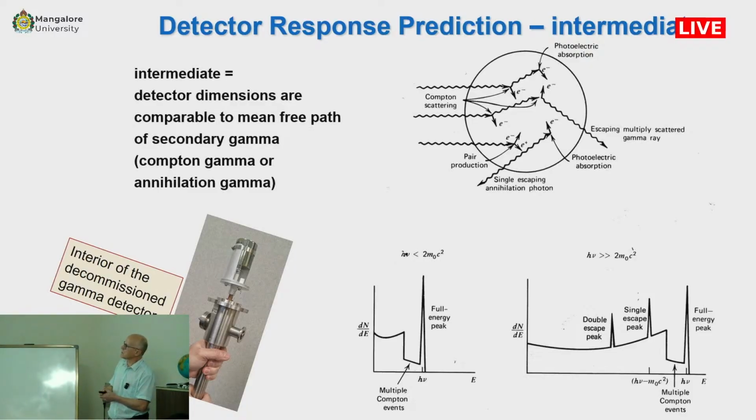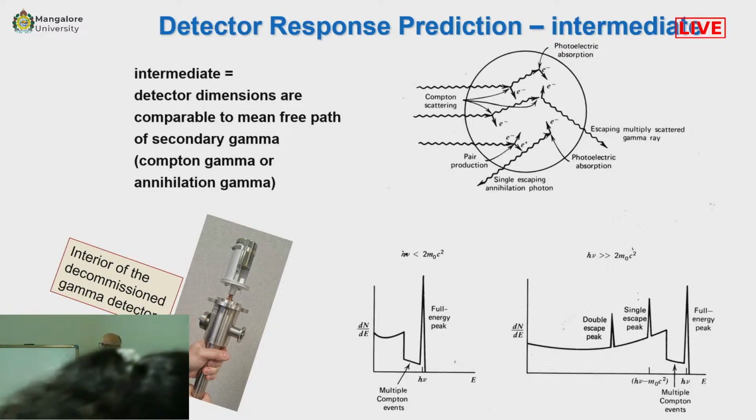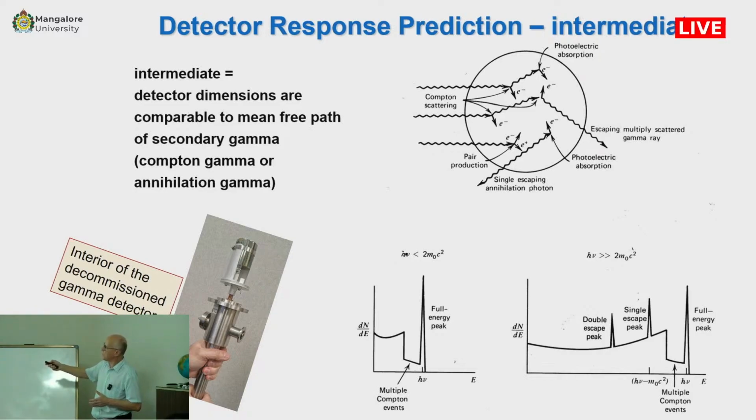So it means that in several cases, all interactions or all electrons or photons stay inside the detector, but some may escape from the detector.